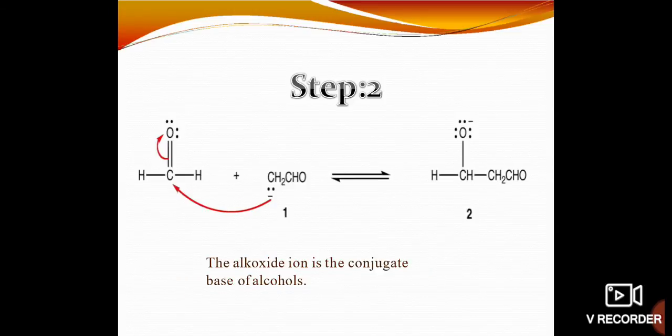Here we are taking another molecule of aldehyde, formaldehyde, that is treated with an enolate or carbanion. This carbanion is formed from the first step. This carbanion attacks the carbonyl carbon to form an alkoxide like this. This alkoxide ion is the conjugate base of alcohols.